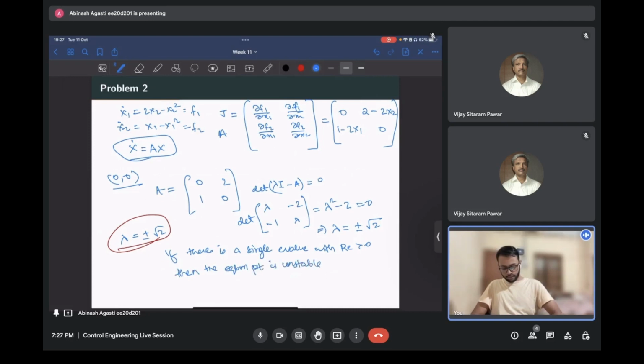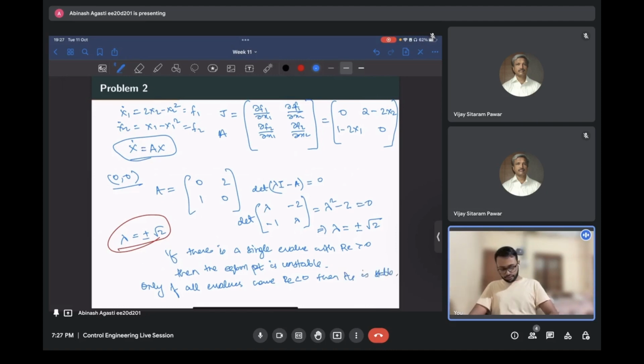Alright. And on the other hand, only if all eigenvalues have negative real part, then it is stable.